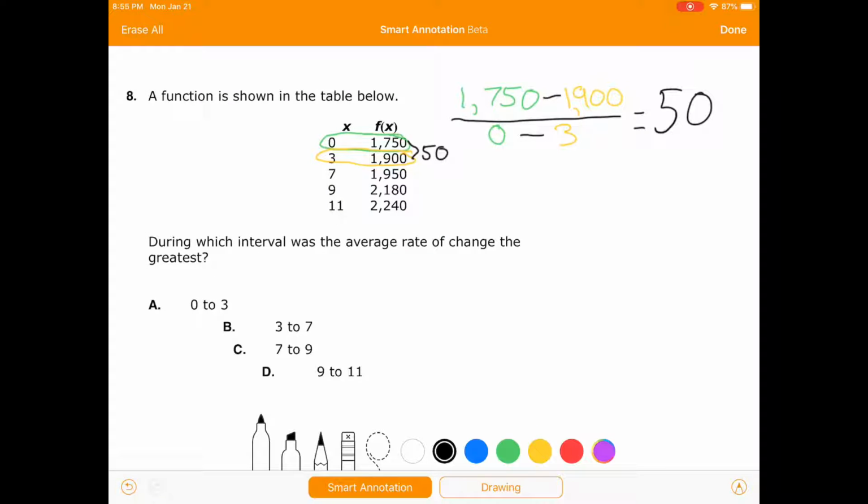Now the next one would be 3 to 7, so going from the yellow to the blue. When you're setting this up, you can do it either way. You can do the second y value first, or the first y value first. You just got to keep it consistent throughout the formula.